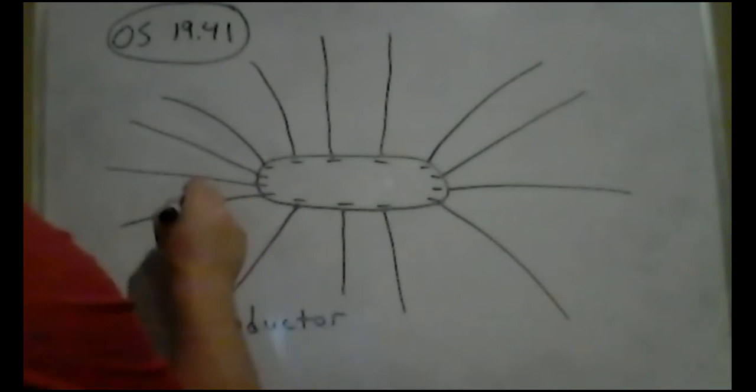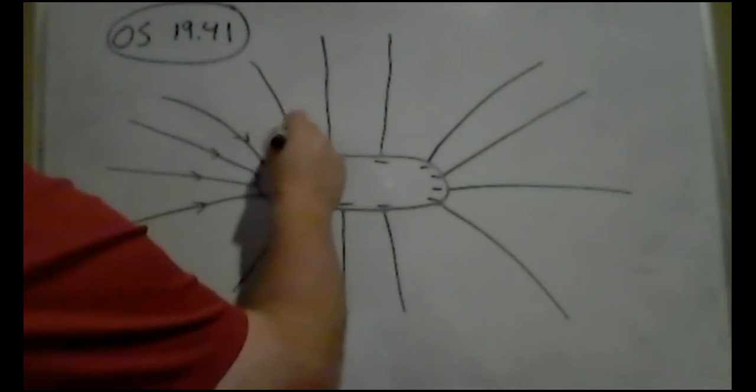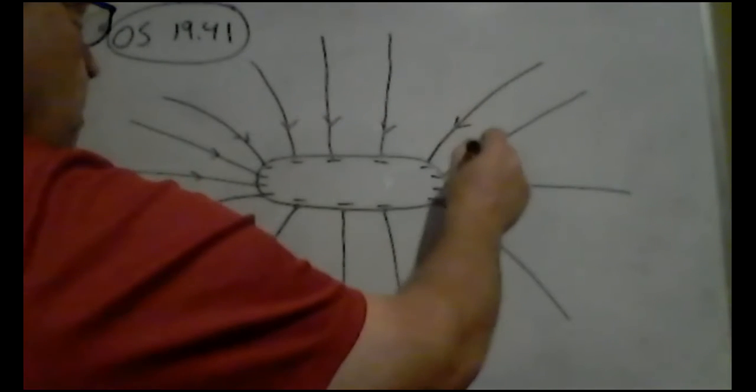Something like that, and they're all coming inward. These are the electric field lines.